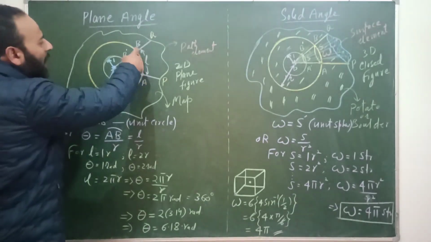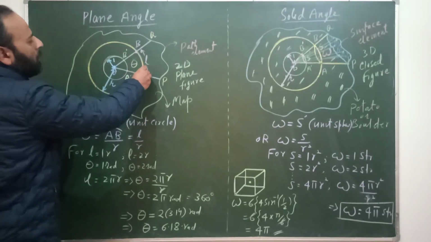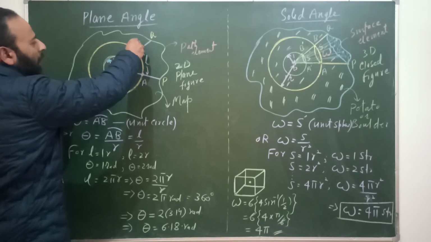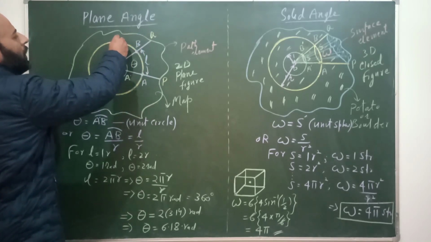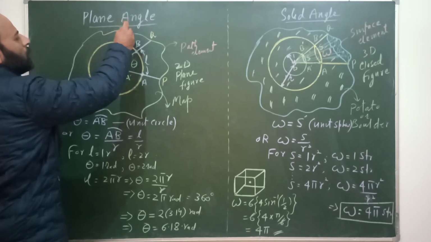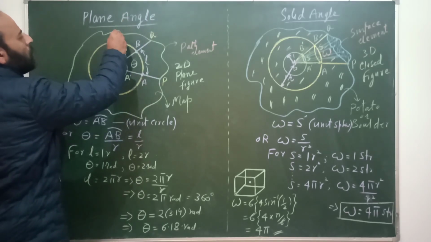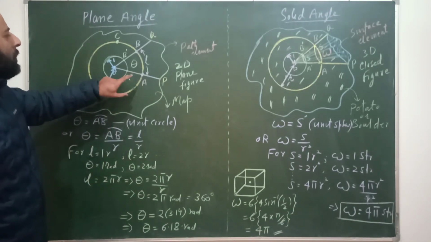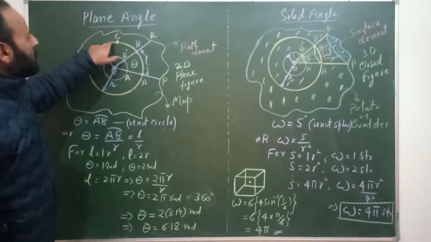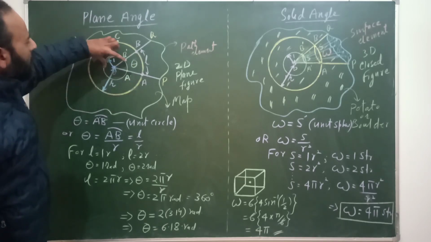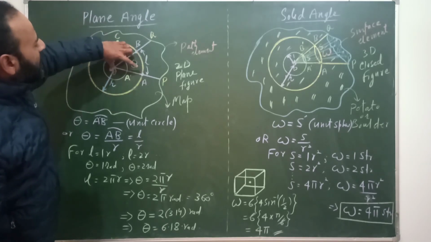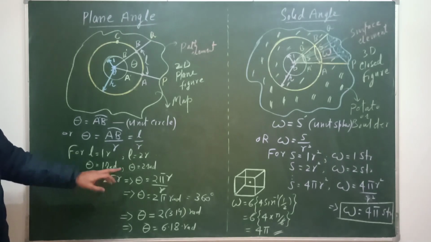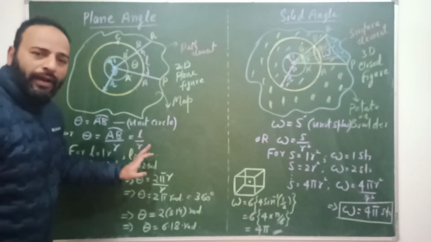Similarly, if L is equal to 2r, so from A to say point C, the length of the arc is twice the radius of the circle, then theta is equal to 2 radians.